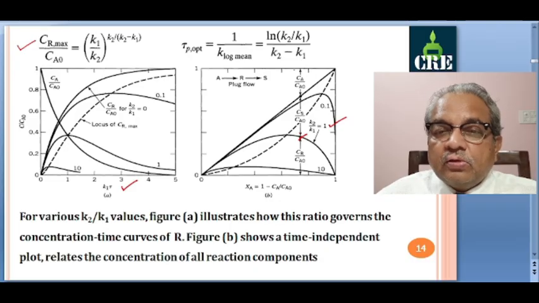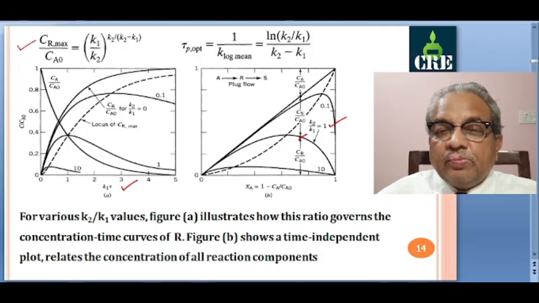And from here to this diagonal, what does this diagonal represent? X and Y are the same. So this is showing Ca by Ca0 and this is showing 1 minus Ca by Ca0. So this line, this part, the remaining part, total is 1, and this is 1 minus this plus this, meaning Ca by Ca0 only.